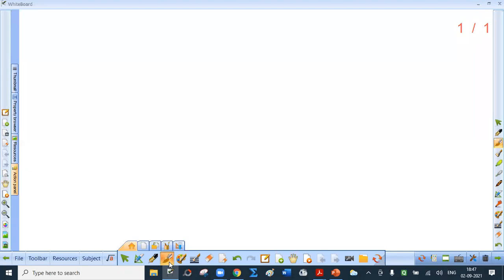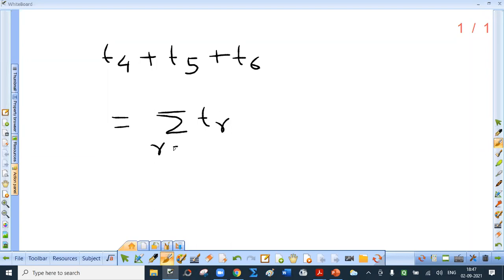Okay, I'll give examples. See, if I say T4 plus T5 plus T6, I can write this as sigma TR, R goes from 4 to 6. This is the advantage of sigma notation over SN notation.